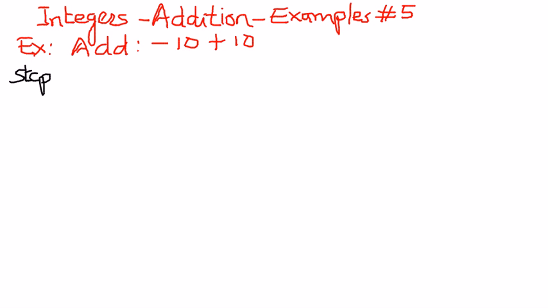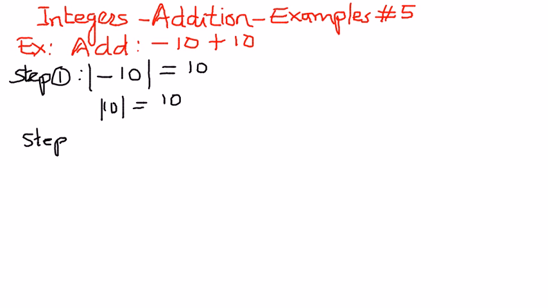Step number 1. We're going to find the absolute value of -10. The absolute value of -10 is 10 units, and the absolute value of +10 is 10 units, and therefore in step number 2 we're going to subtract the smaller absolute value from the larger absolute value, 10 minus 10.